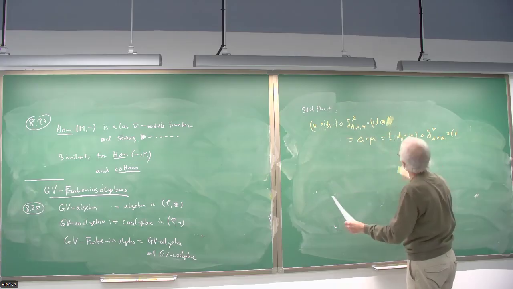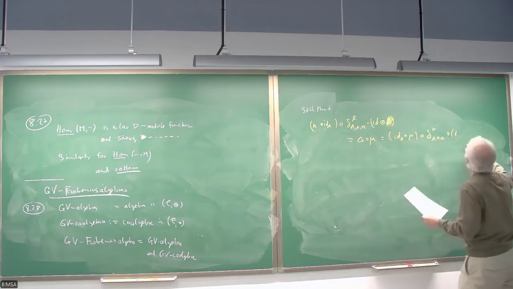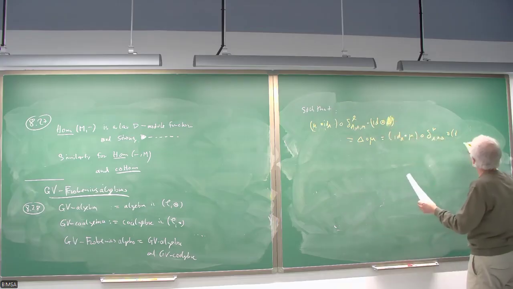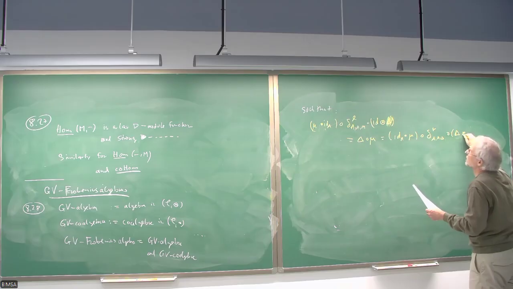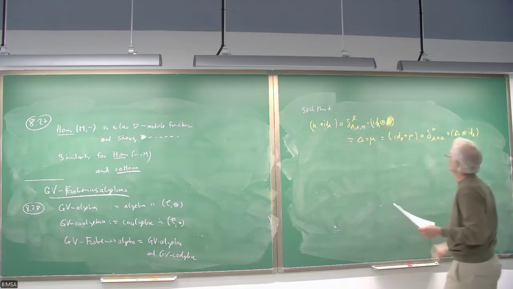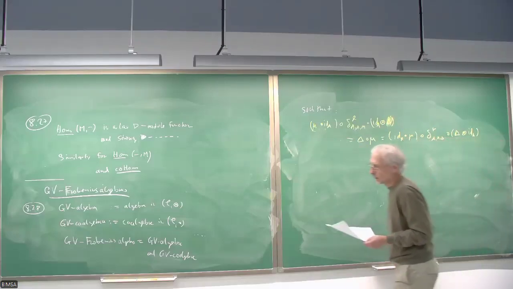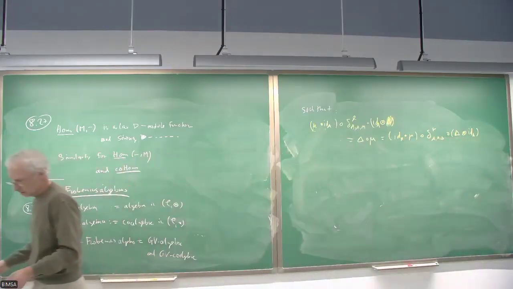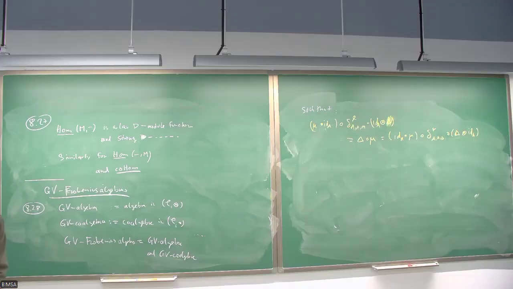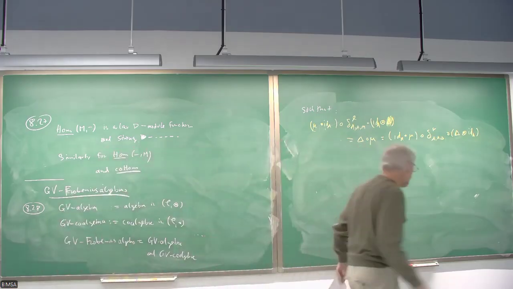What did I write here? Yes, identity on A, B. And this looks essentially like what we have in an ordinary Frobenius algebra.